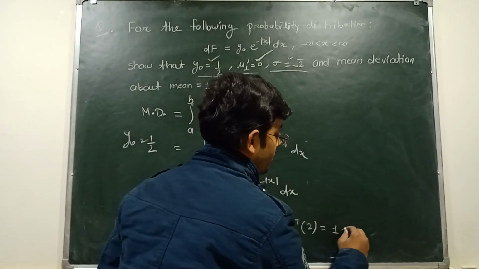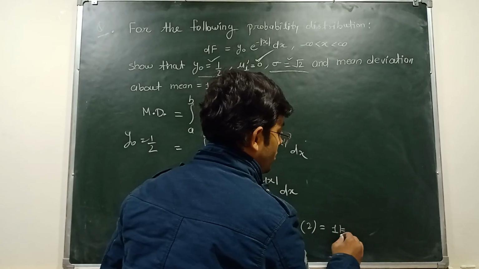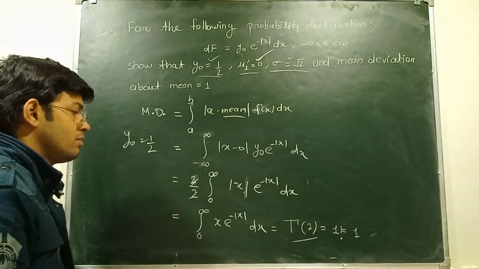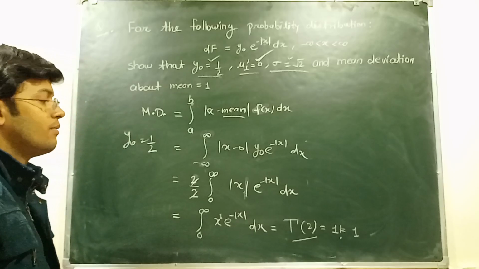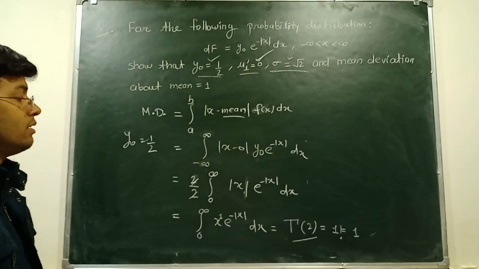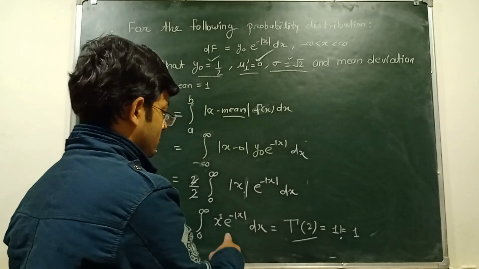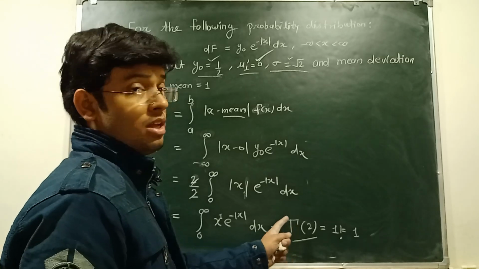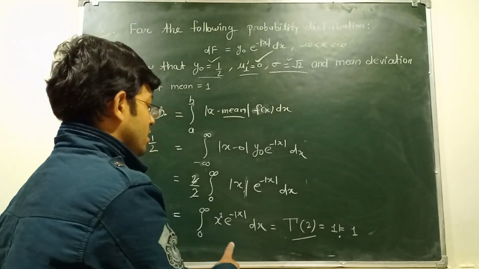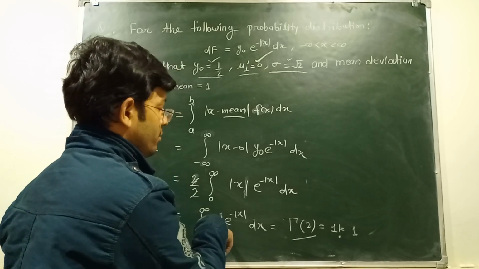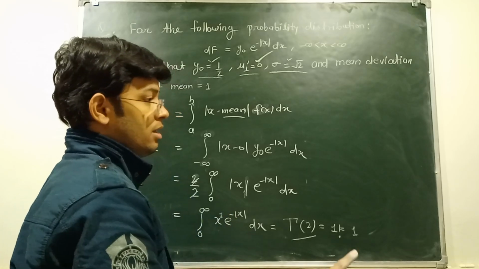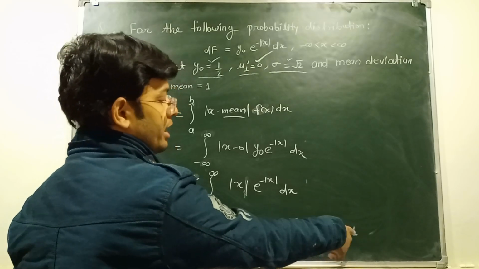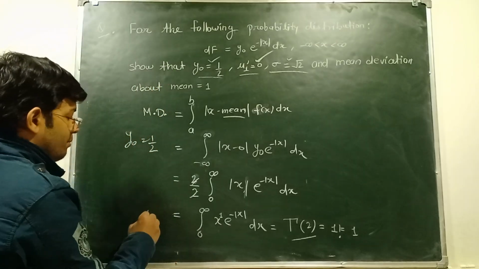So we can write x power 1 e to the power minus x dx is equal to gamma 2, because in the gamma function we have to write a value one greater. So gamma 2 is equal to 1 factorial, which is 1. The answer of the mean deviation is 1.